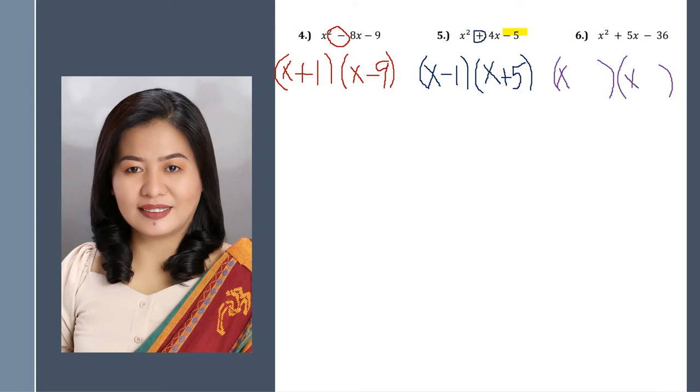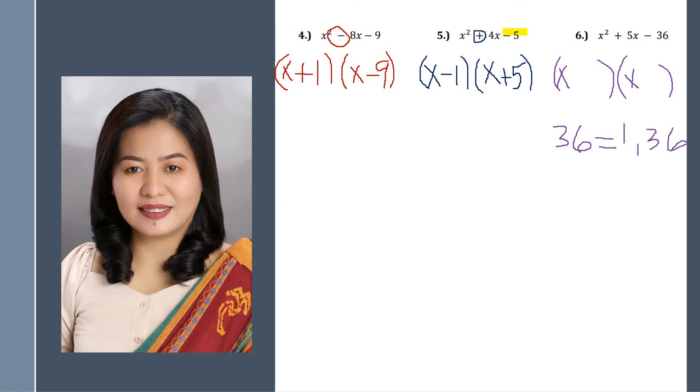Since it would be hard to identify right away the factors of 36 that give a difference of 5, we write down 36.